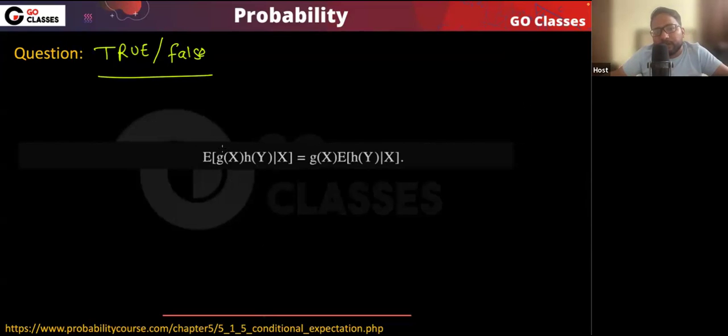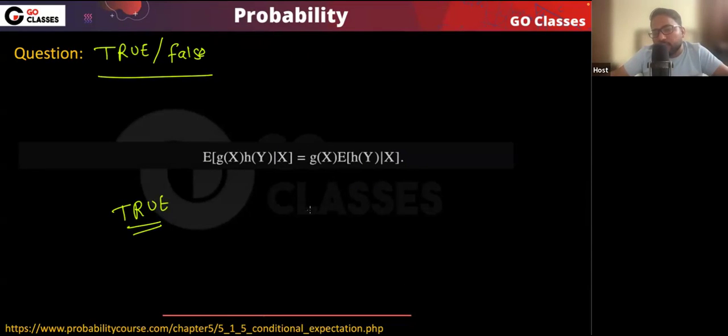Expectation of g(x) into h(y) given x, is this true or false? See, the x is known, right? So you can take the quantity of x outside. So that's why this is actually true.